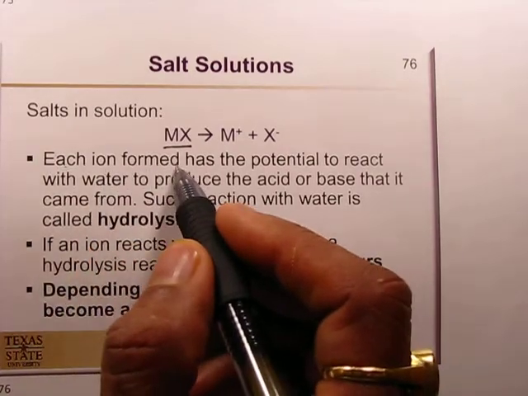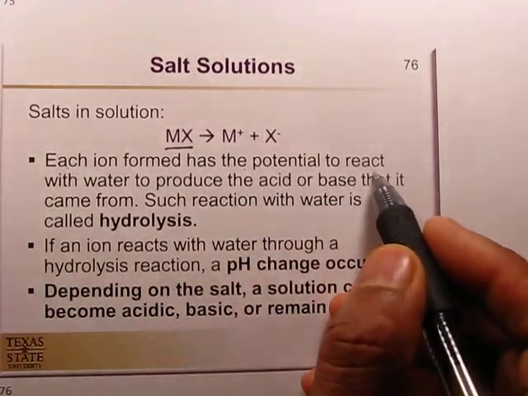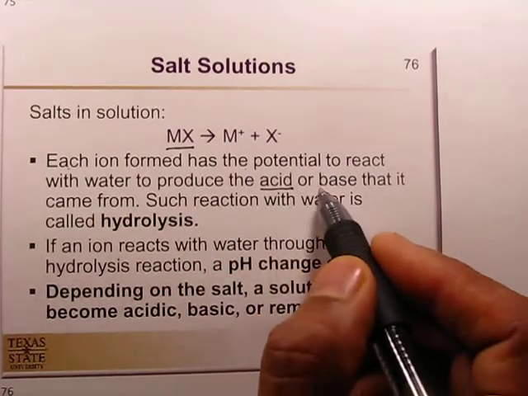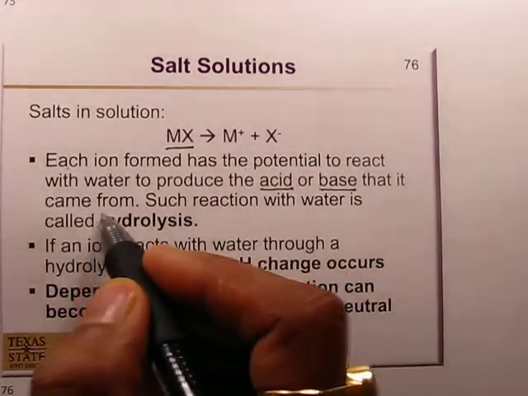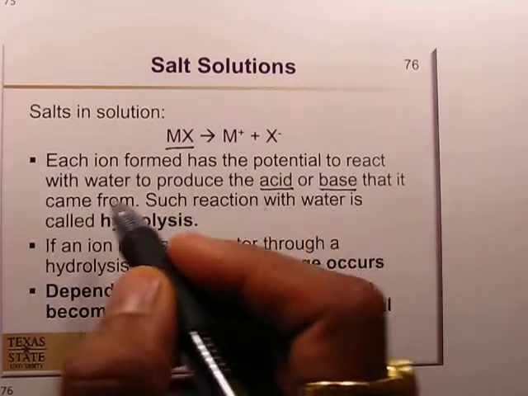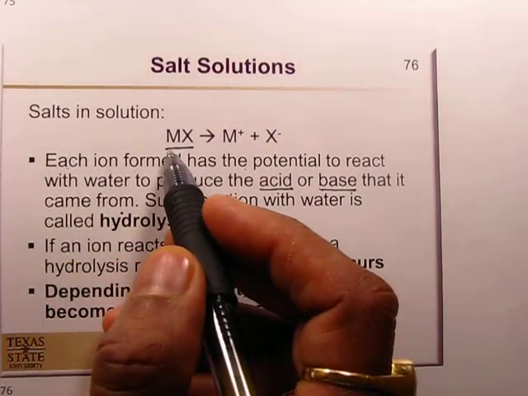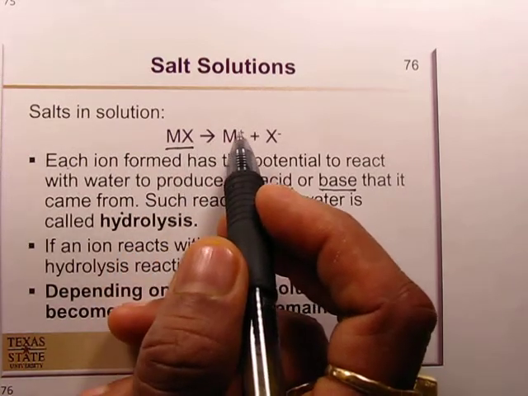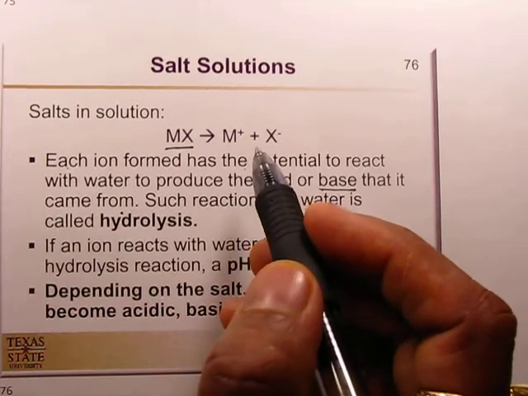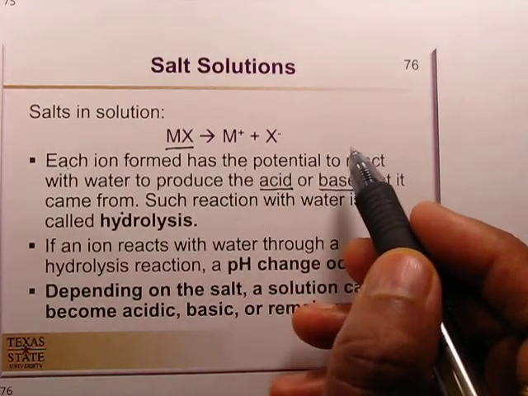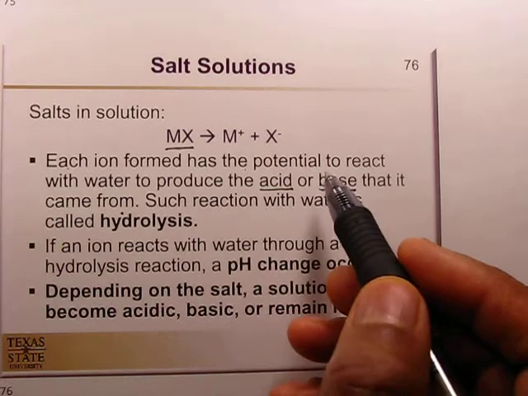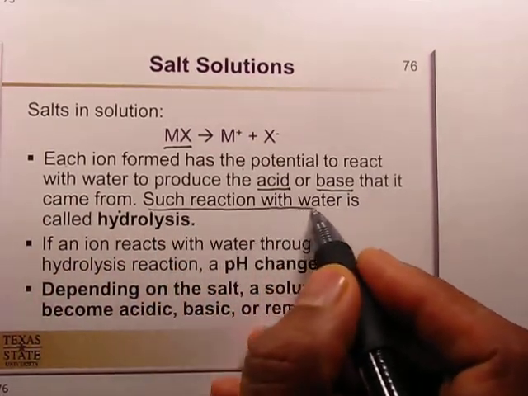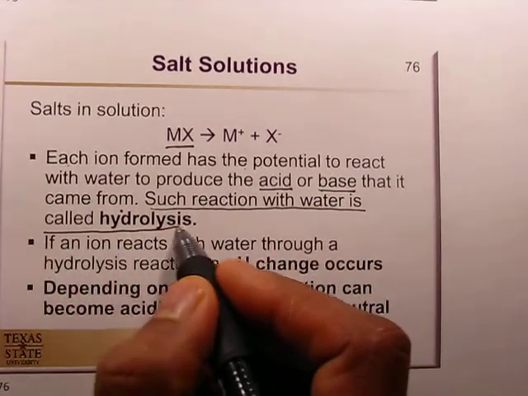Each ion formed has the potential to react with water to produce the acid or base that it came from. As we have seen in the previous video, salts are made up of an acid and base reaction, and once the salt dissolves in the water, it makes a water solution either acidic or basic. And this process, such a reaction with the water, is called hydrolysis.